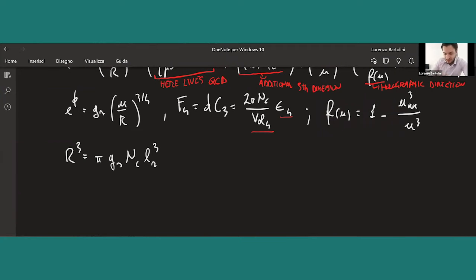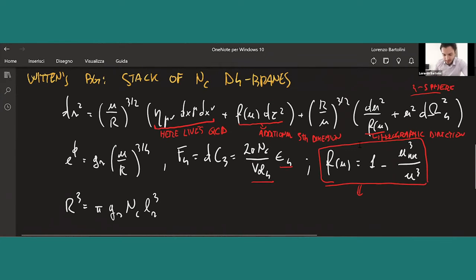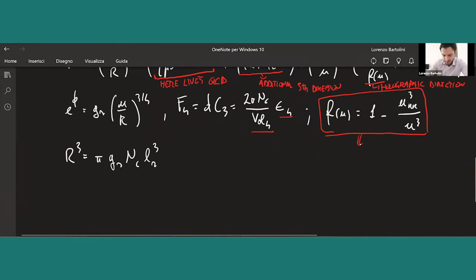Why is this an improvement? So this factor here tells us, when we look at this geometry, that the geometry ends at u equals u_KK.